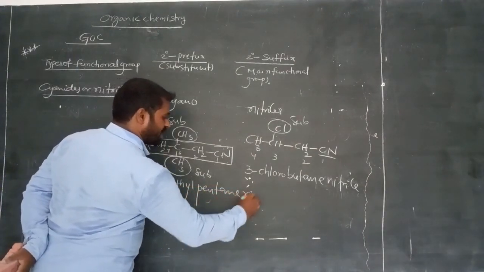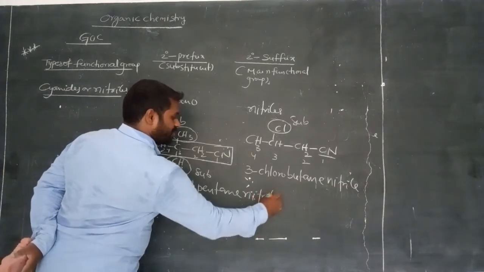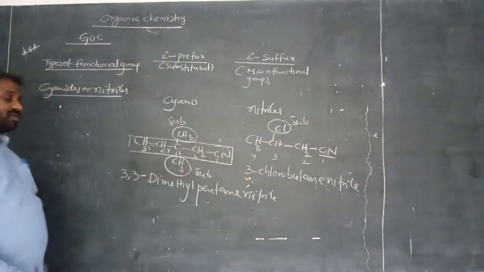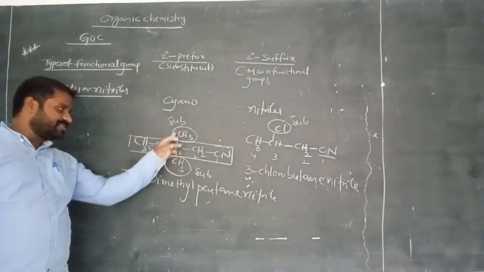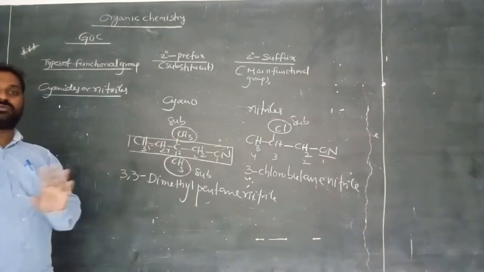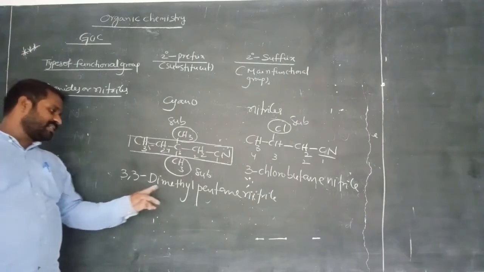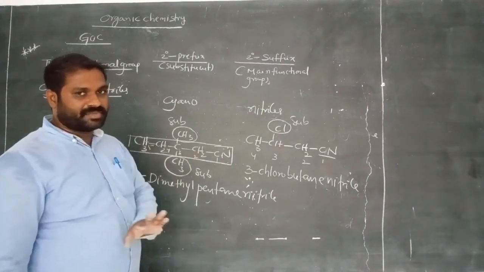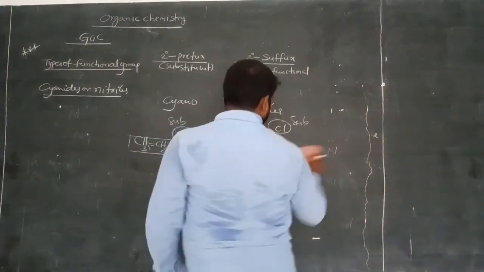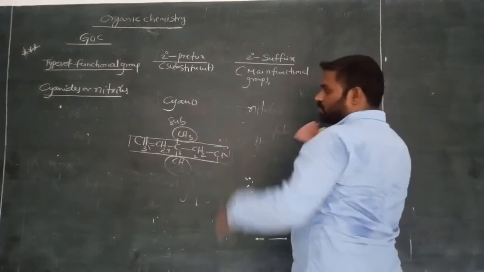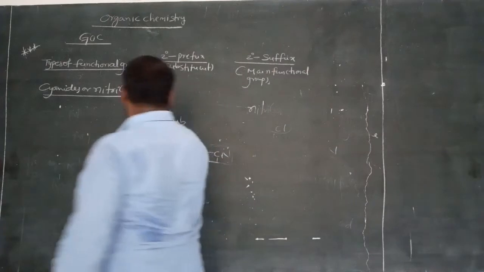CN is there. So nitrile. Pentane nitrile. So 3, 3 dimethyl means on third carbon there are two similar methyl groups. That is 3, 3 dimethyl pentane nitrile. Clear? Then go for the next functional group. In the cyanide, C triple bond N anions exist. Remember that.